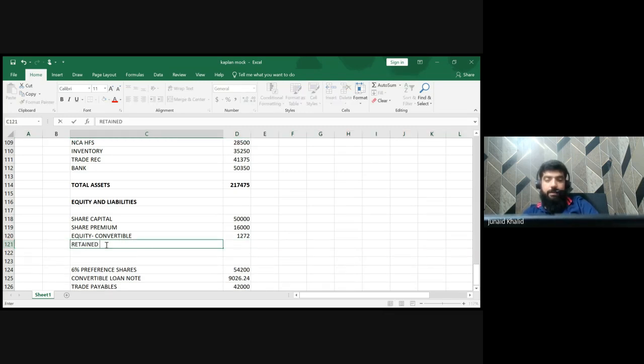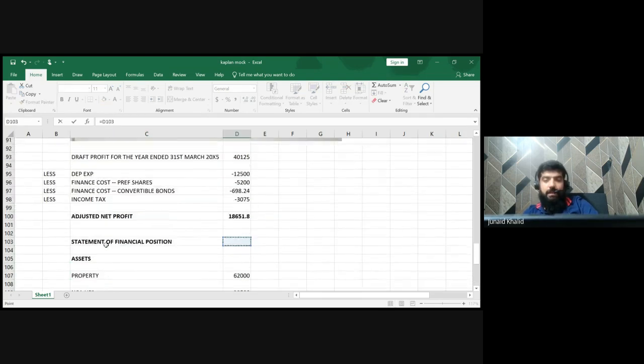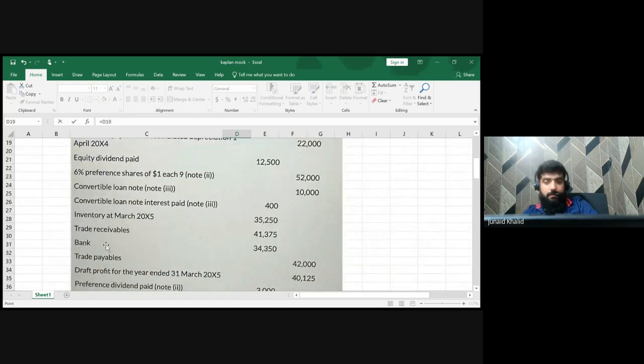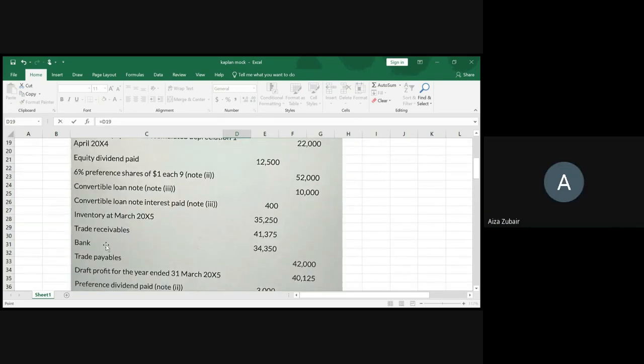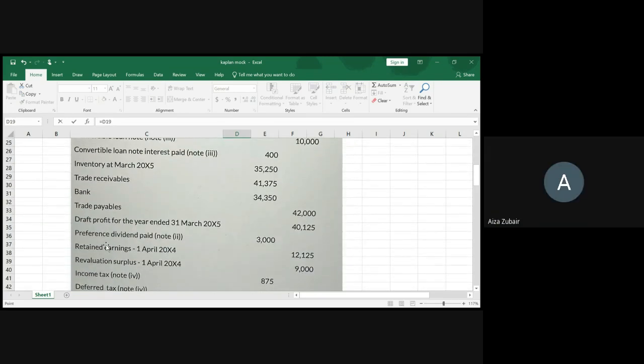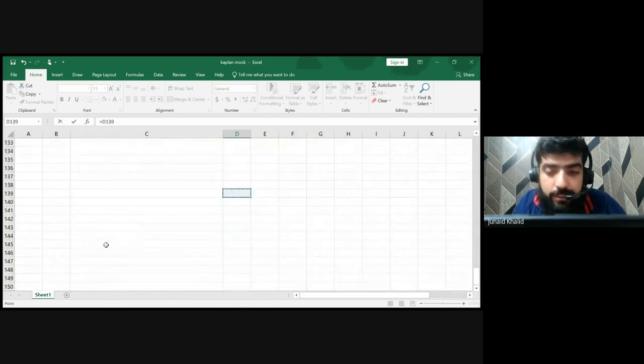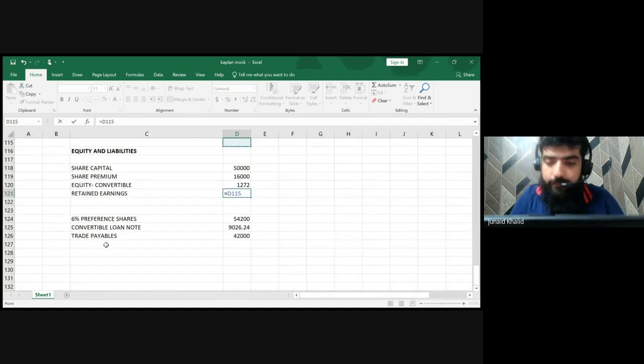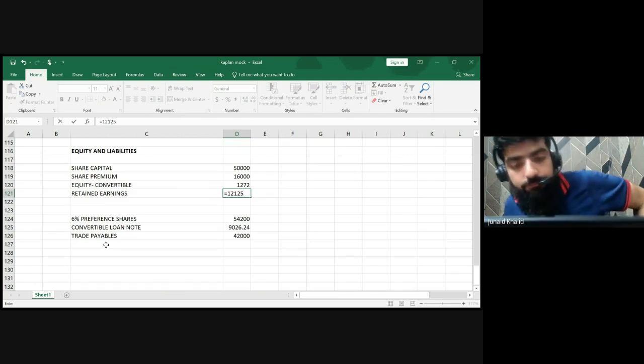Very good. The opening retained earnings that were given in the question is 12,125. Okay. Now, what adjustment do we need to make in that one?